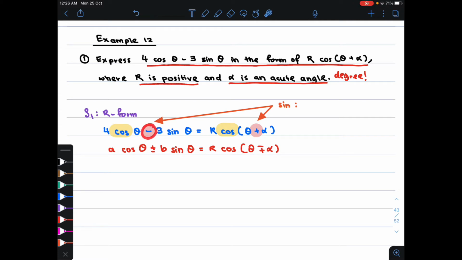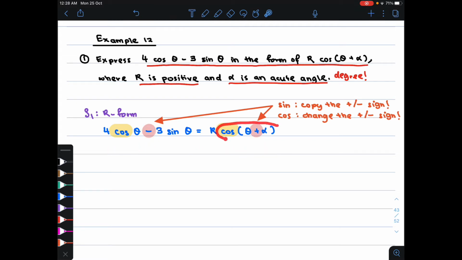If this is minus, this is also minus. But if this is plus, this is also plus. That's for sine. But if you have cos, you need to change the sign. So here you can see that since this is minus, that's why this is plus.